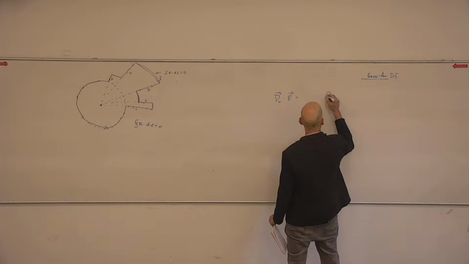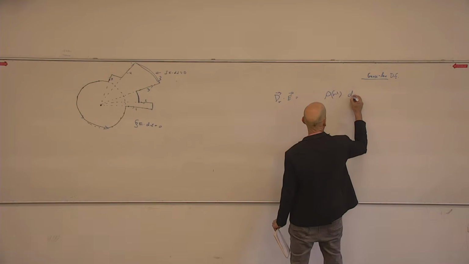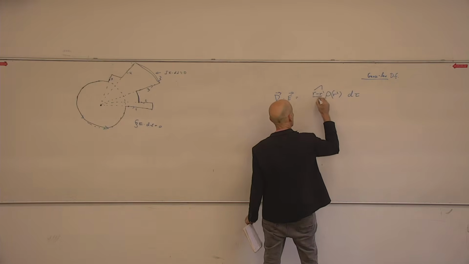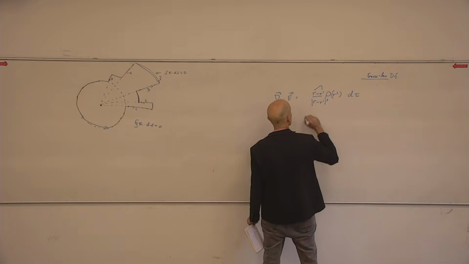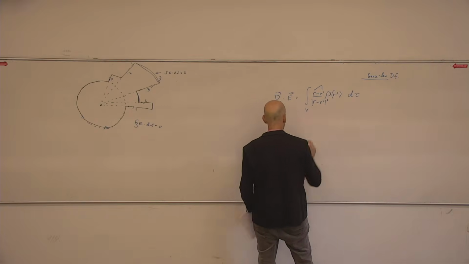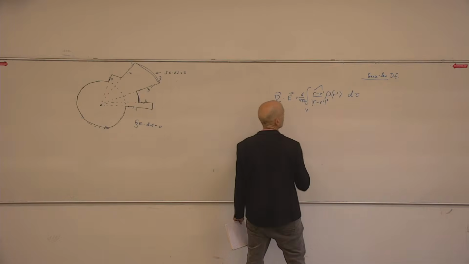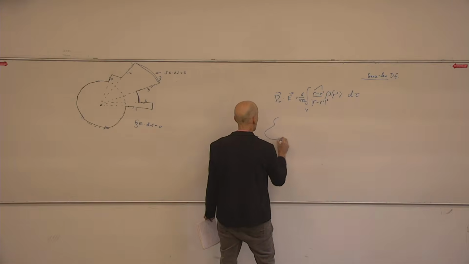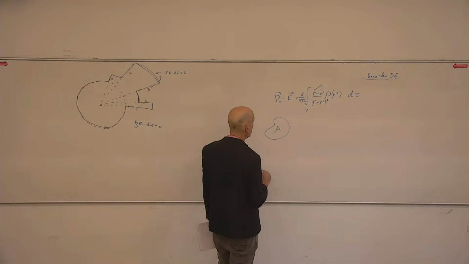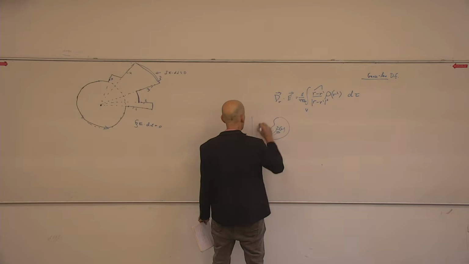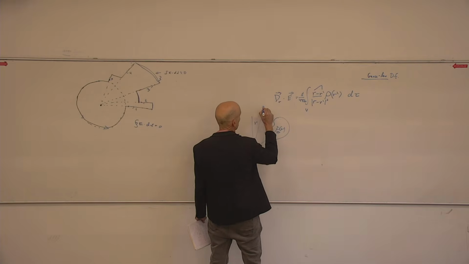We had rho of r prime, d tau, r minus r prime over the magnitude of r minus r prime to the power 3, the integral over the volume, and 1 over 4 pi epsilon 0. So again, like before, we have some charge density, rho of r prime. Here is the reference frame. This is r prime, and then I have another r where I look at the electric field.